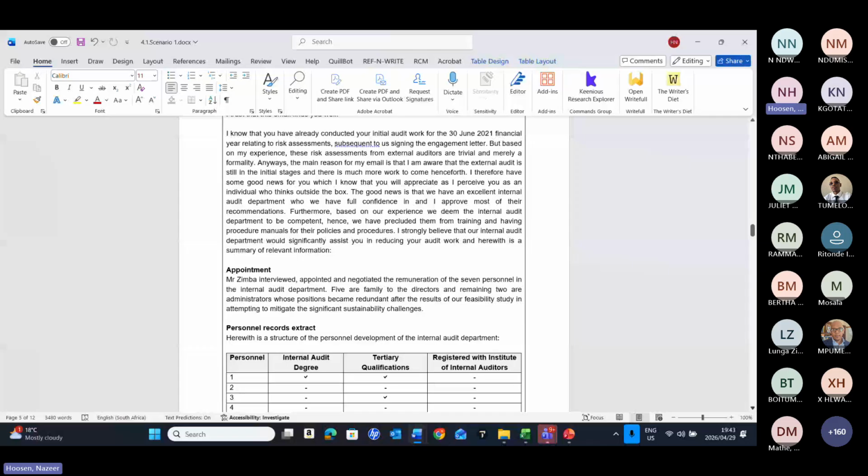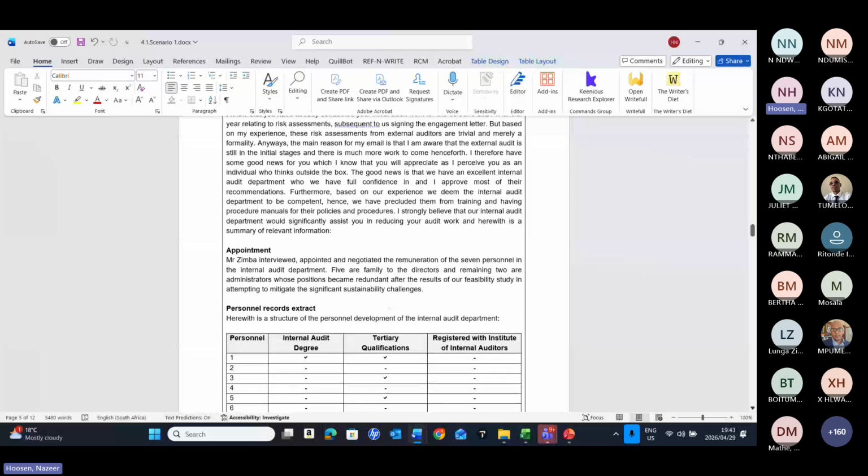We go to Extra B, and this was the audit strategy. For the audit strategy, what we can identify here is working paper B100. Audit strategy purpose: the purpose of this working paper is to document the audit strategy for the financial year ended 30th of June 2021.